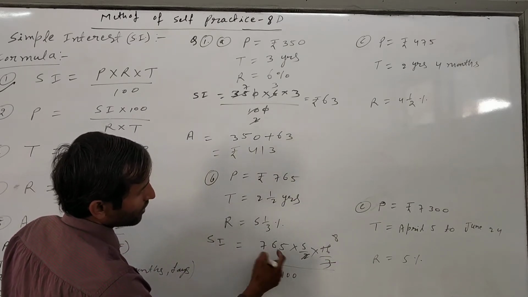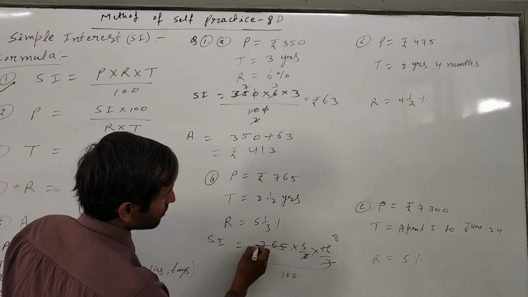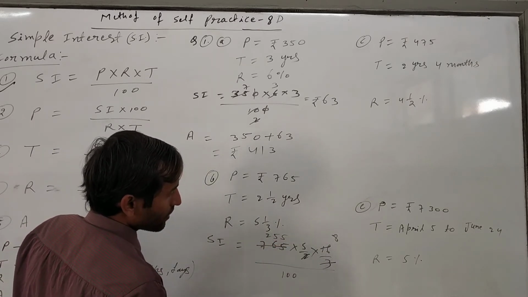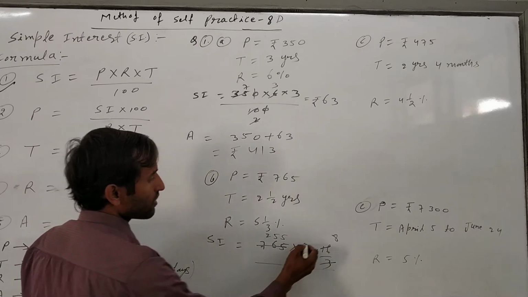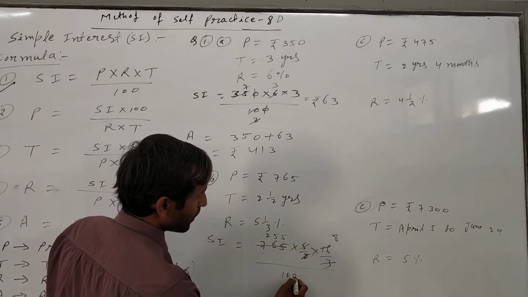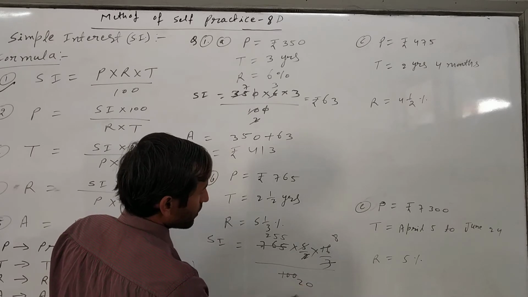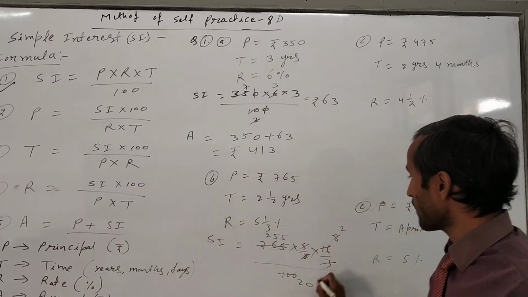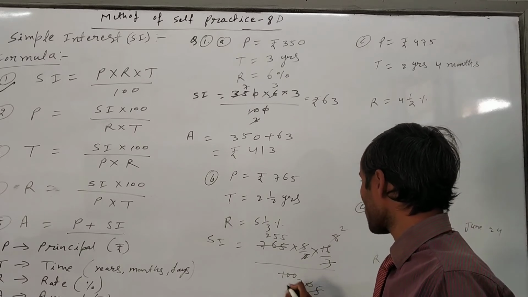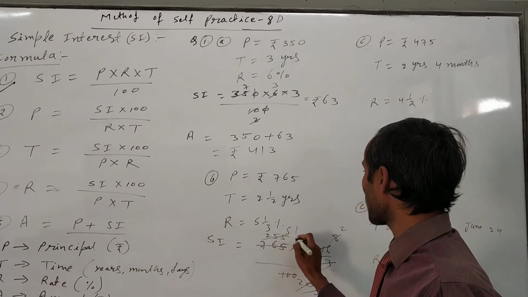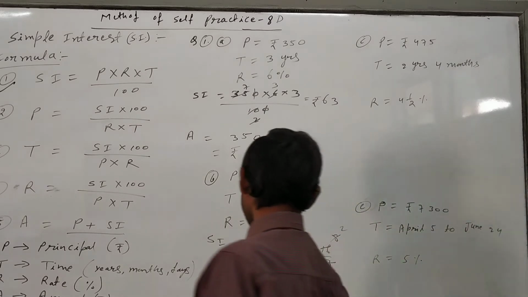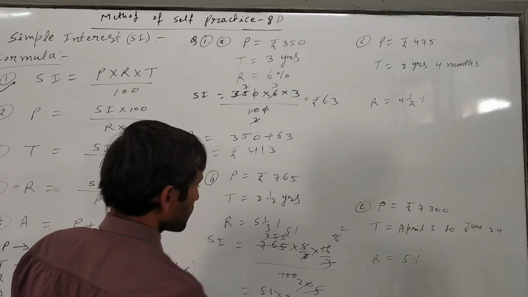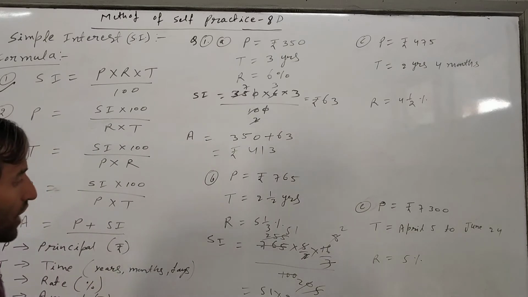We cancel by 25 and then 5, then by the 4 table, 4 2s and 5 2s. Then 51 multiplied by 2 comes 102. So this is the SI, and now you have to find the amount.